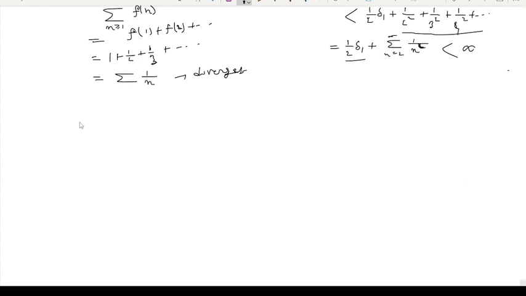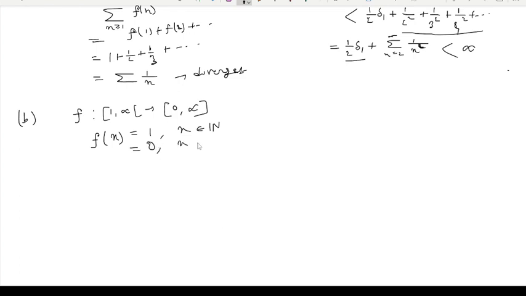We define a function f for option B, from 1 to infinity to 0 to infinity, defined in this way: fx equals 1 if x belongs to the natural numbers and 0 otherwise, if x does not belong to the natural numbers.